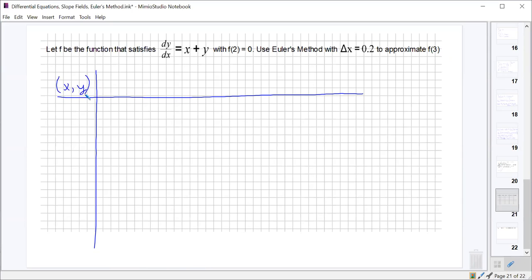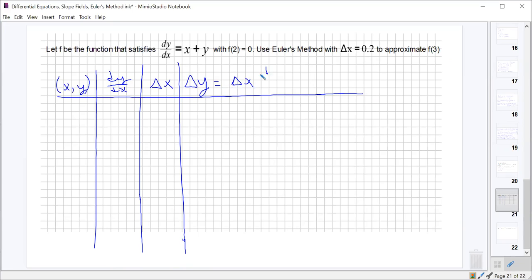So I'm going to start out with my initial coordinates. I'm going to find the value of dy/dx. Sometimes I think it is helpful then to just every time write your delta x and then your delta y, which will always be delta x times dy/dx. And then from there, you're going to end up with a new point.